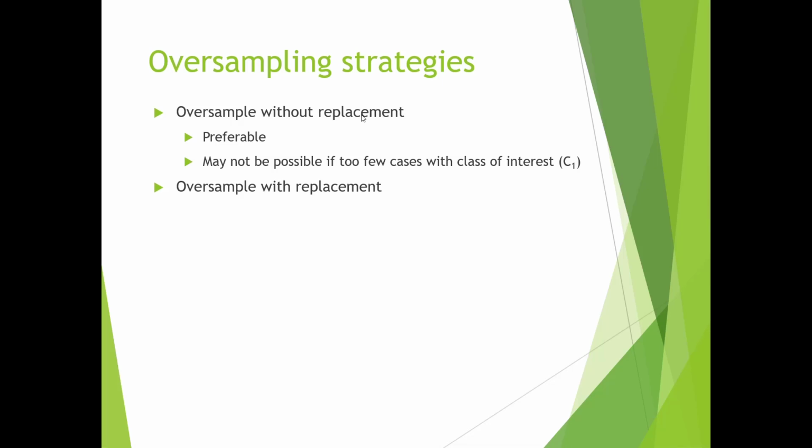So then we take that 1% or maybe half of 1% because you want to keep the other half for validation. So you take half of that 1% and then just double it, triple it. So then you're now resampling, so that you will have a sufficient number of cases. So that would be oversampling with replacement. Without replacement is preferable, obviously, but sometimes it may not be feasible.